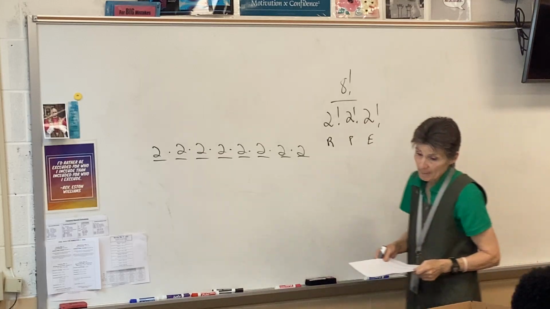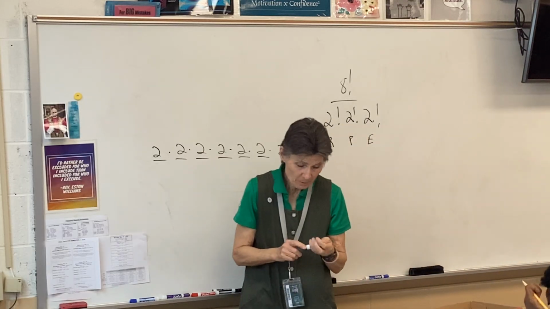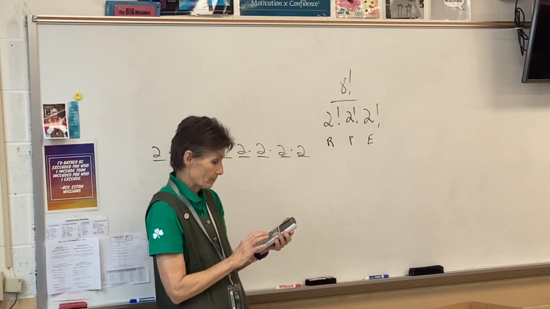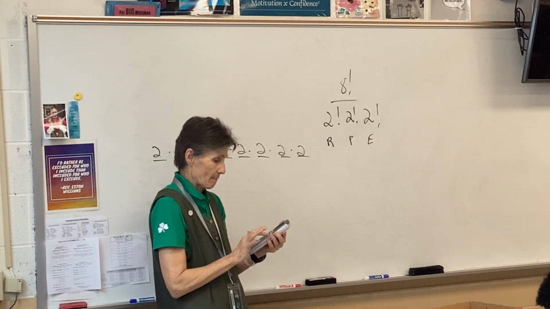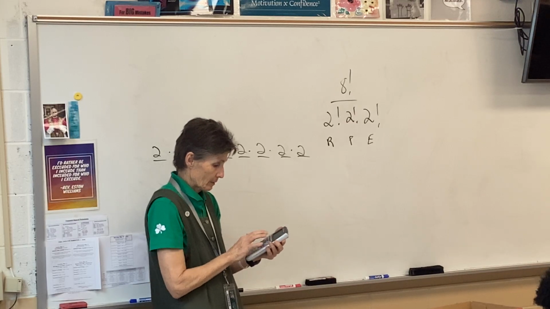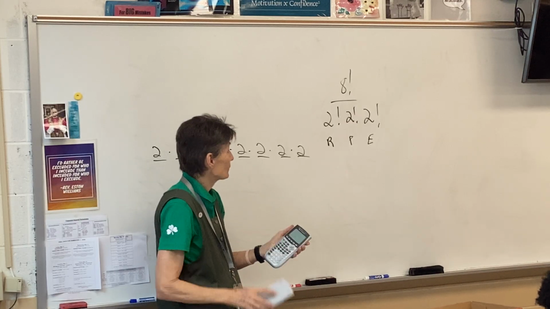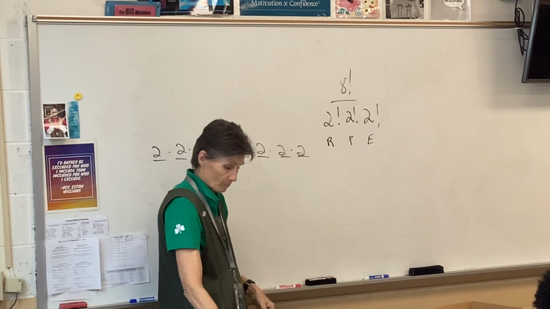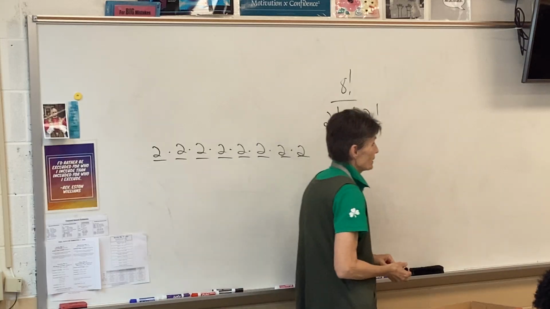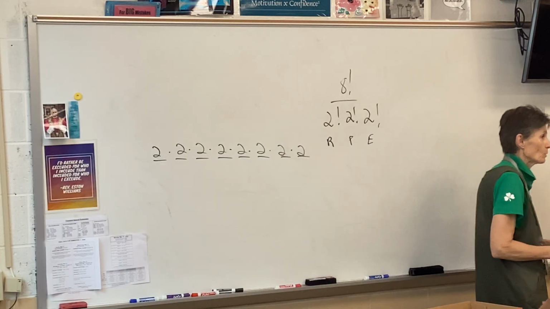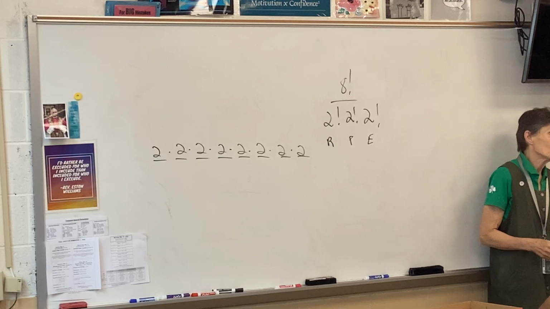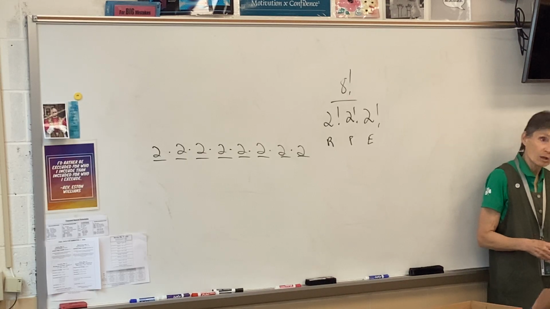Now, let's all type this in because I want to make 100% sure that we're getting the right answer. The answer is 5,040. If you are not getting that answer, then you are not dividing by all of it.